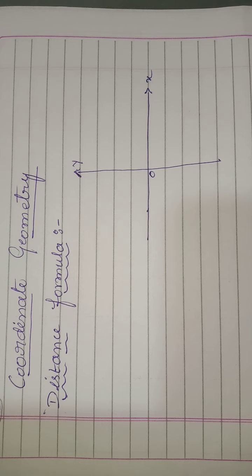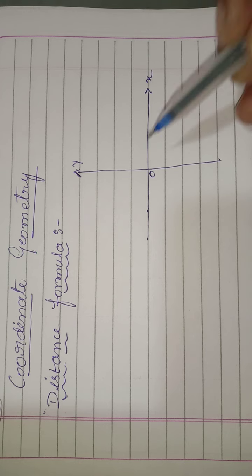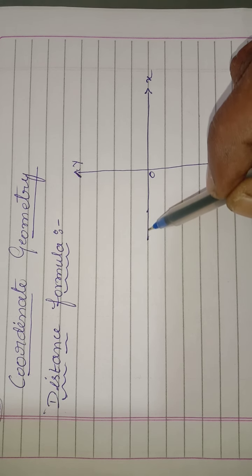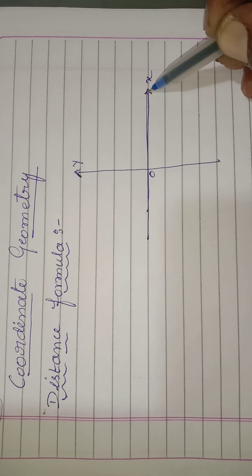The distance of a point from the y-axis is called the x-coordinate. These are the x-coordinates.